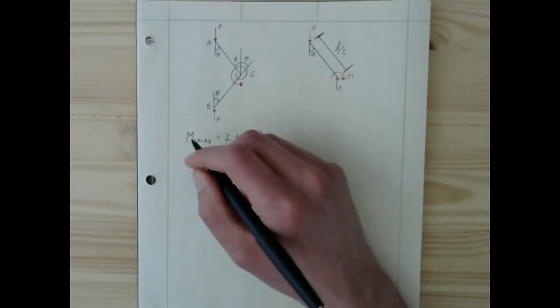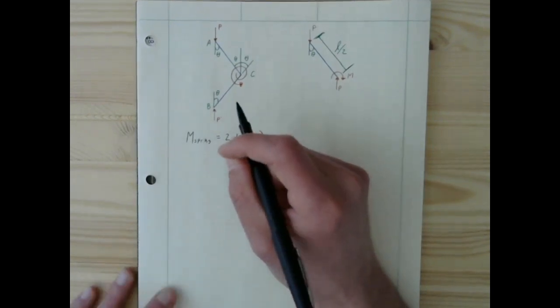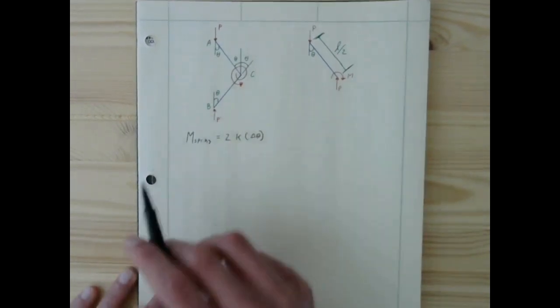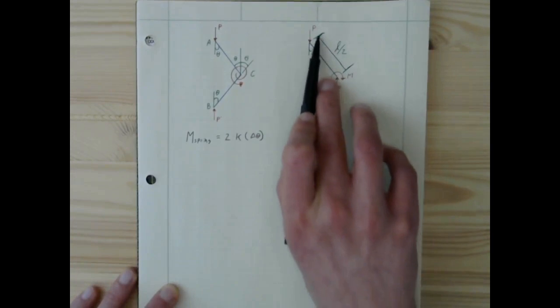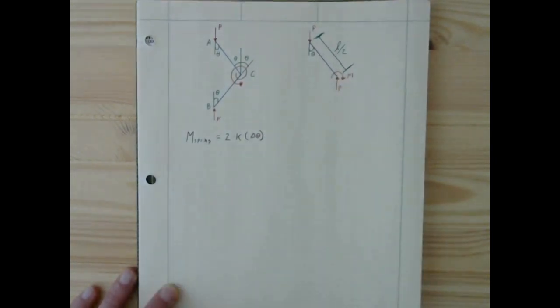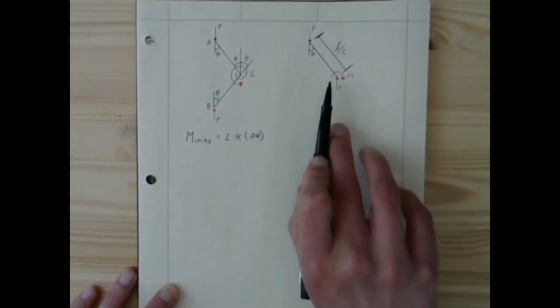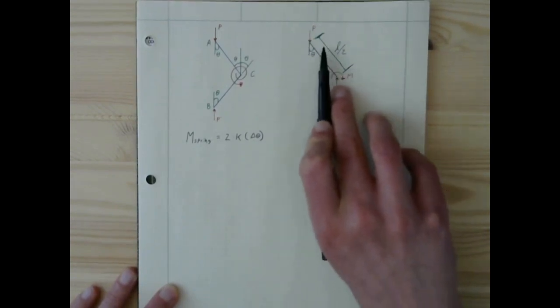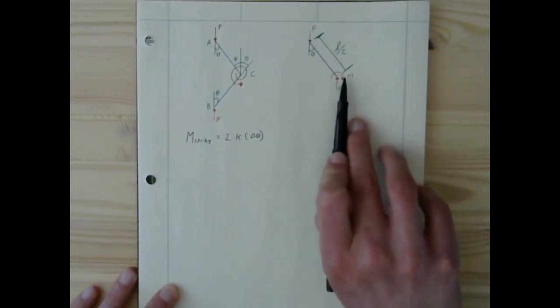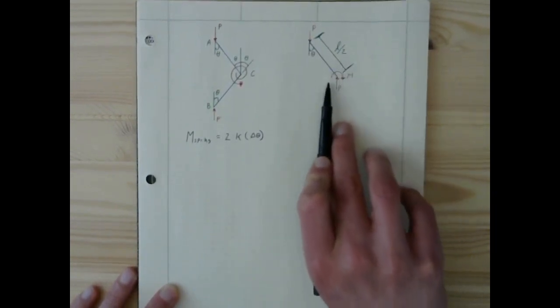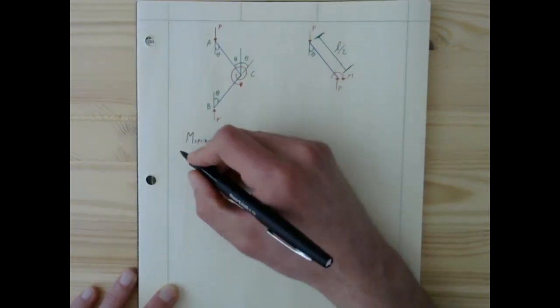Now, we're also going to have a destabilizing moment. It'll be formed by this couple P right here. So this couple P is going to cause a moment in this direction, while our resisting spring is going to cause a moment in the other direction.